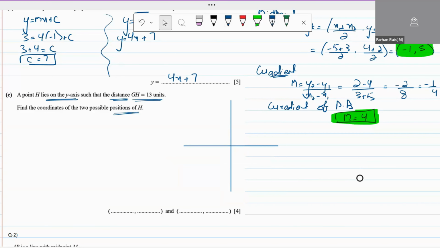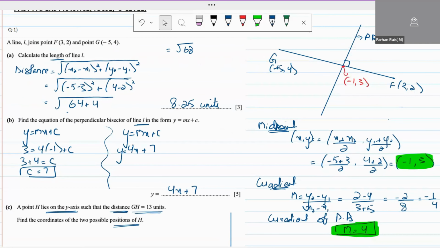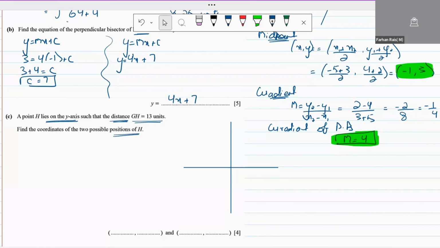We know that G has the coordinates -5 and 4. So -5 and 4 would be somewhere here. This would be -5, this would be 4. So G (-5, 4) is somewhere here.